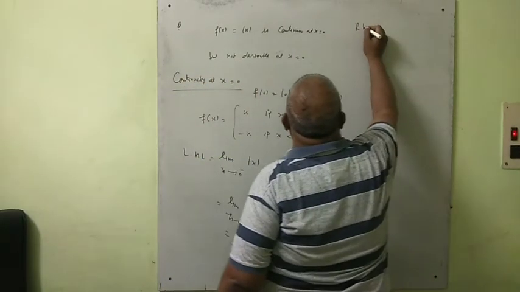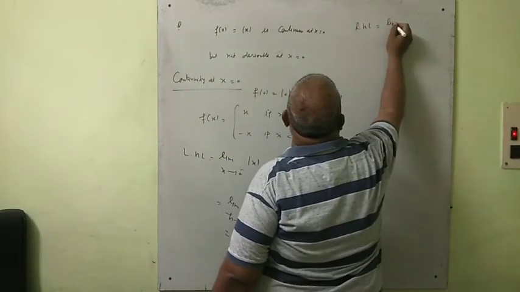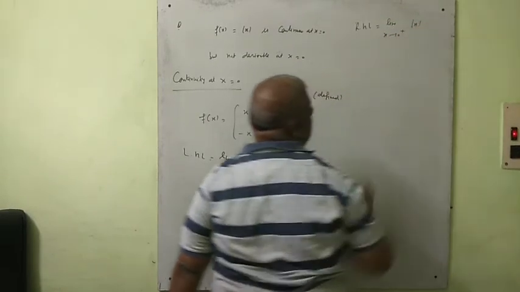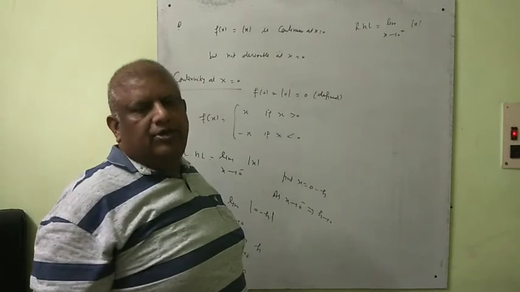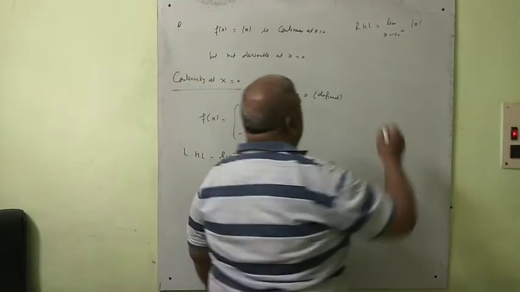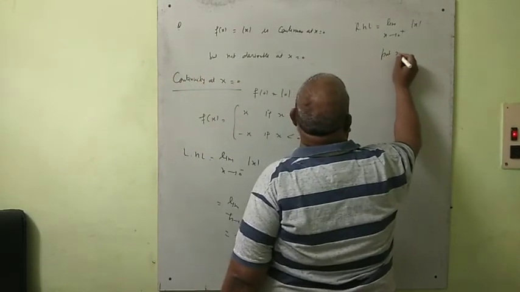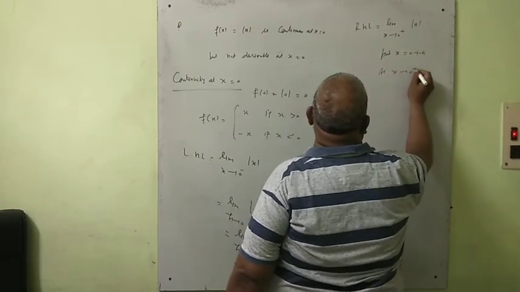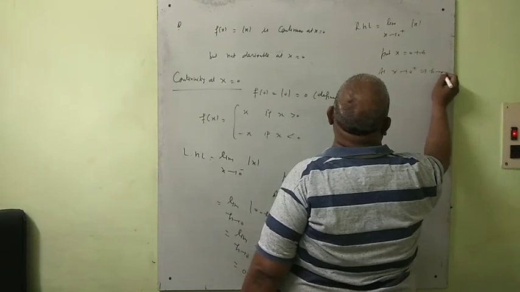Similarly, right hand limit, x tends to 0 plus, modulus of x, from the right side of 0. Put x equal to 0 plus h, as x tends to 0 plus, h tends to 0.